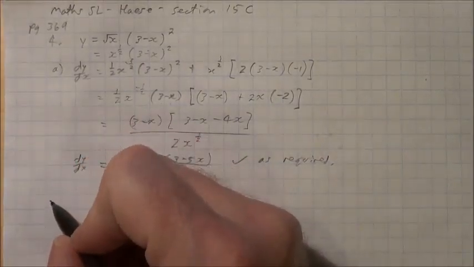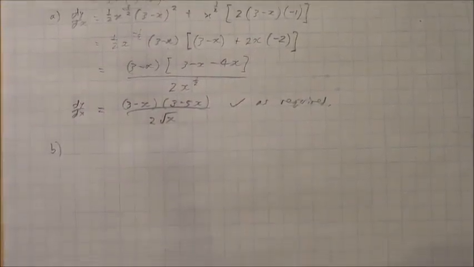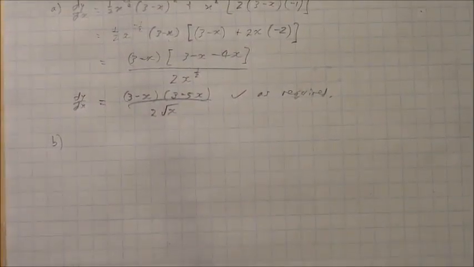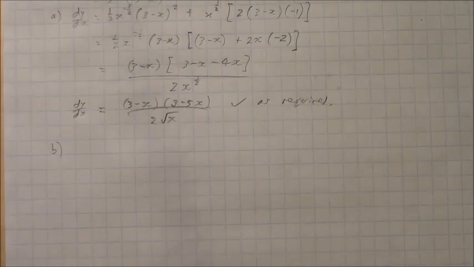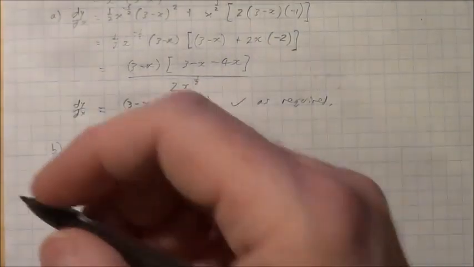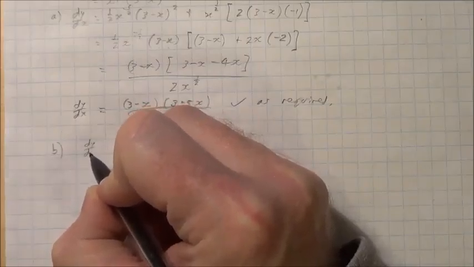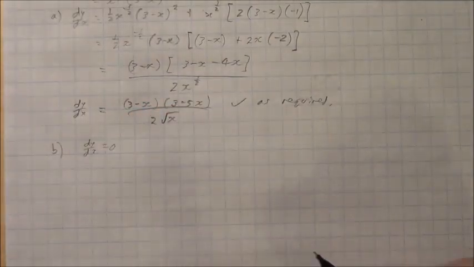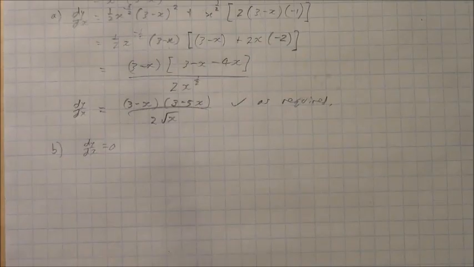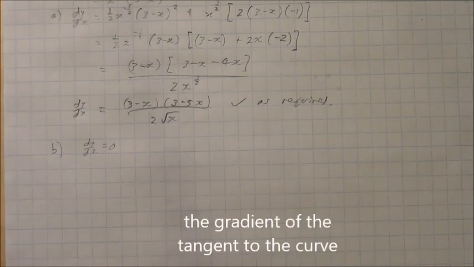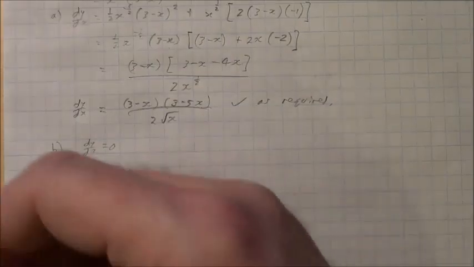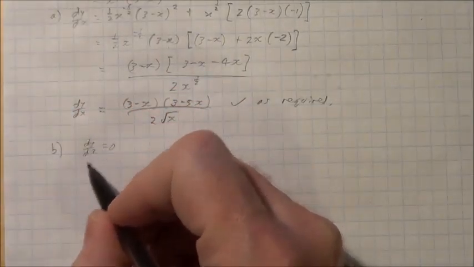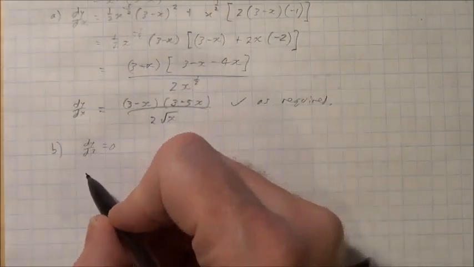Question B asks us to find all the x values where there's a horizontal tangent. A horizontal tangent occurs when the gradient function equals 0, because the gradient function is the gradient of the tangent, and when that equals 0, the tangent is horizontal. So I'm going to set the function we just found equal to 0.